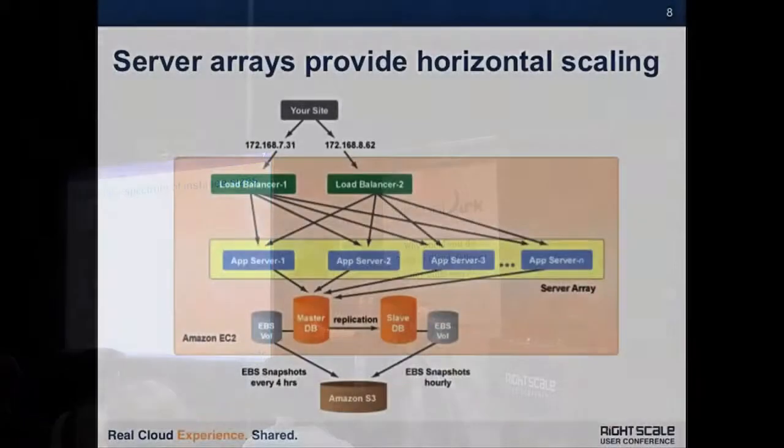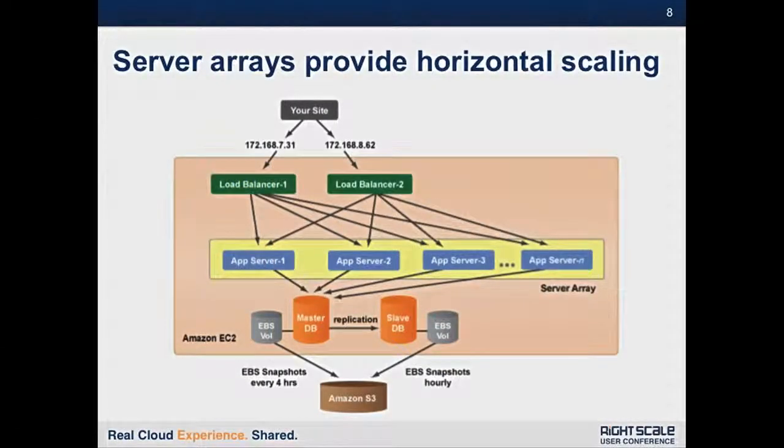So once you have explored scaling up, what you really want is an application that grows in terms of usage. You want to scale horizontally. And for that, what we offer is the notion of a server array.